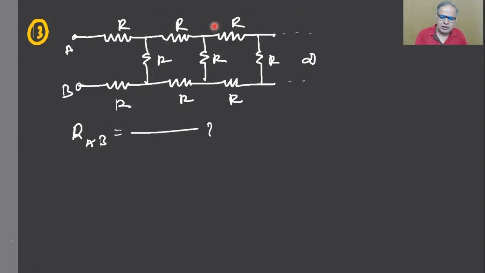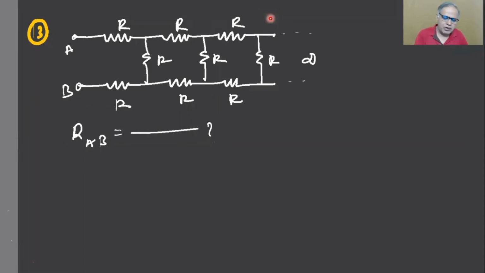This is the unit cell, if you want to say. You make one like this, then duplicate it. That's how you get the infinite network.